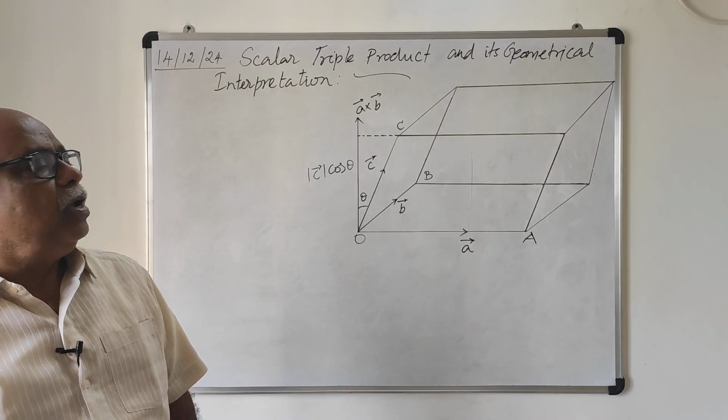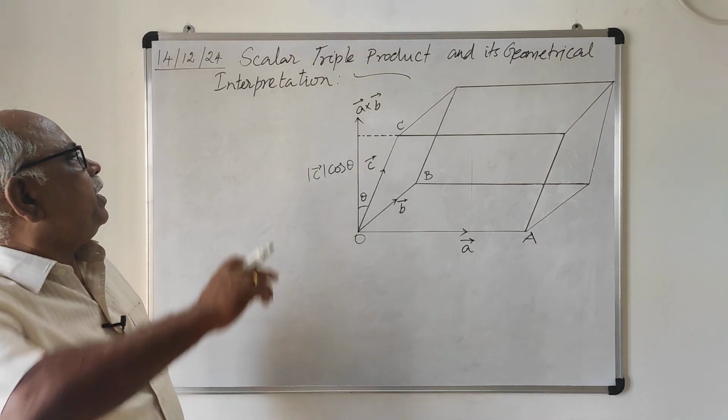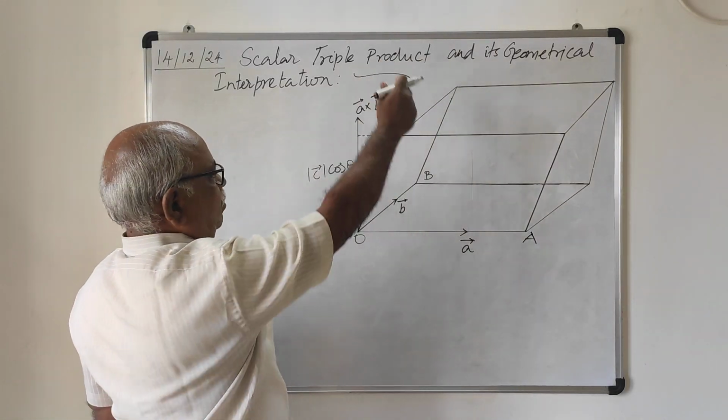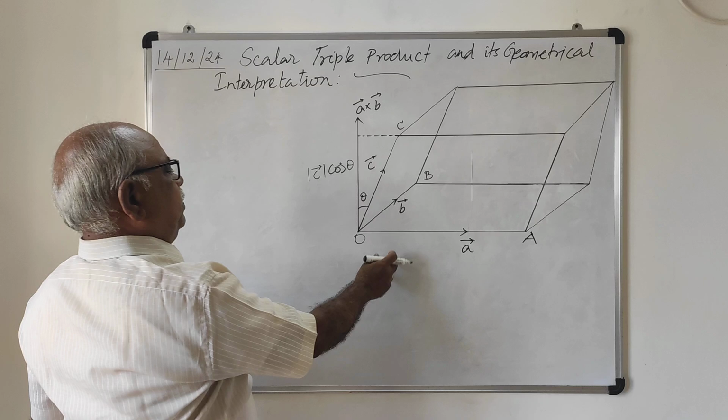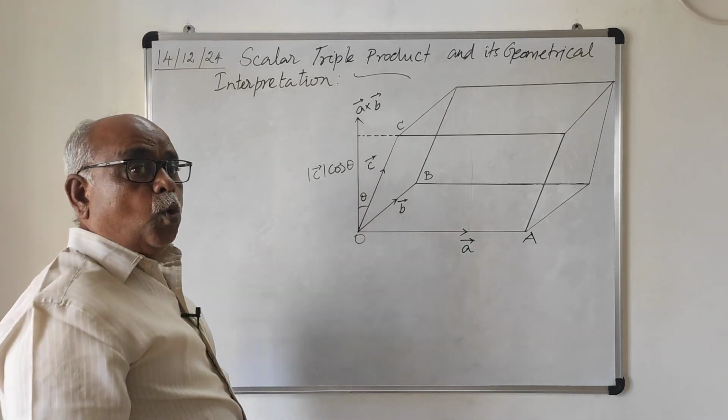Now we have to find out the geometrical interpretation of scalar triple product. Consider the vectors A, B and C as coplanar vectors.